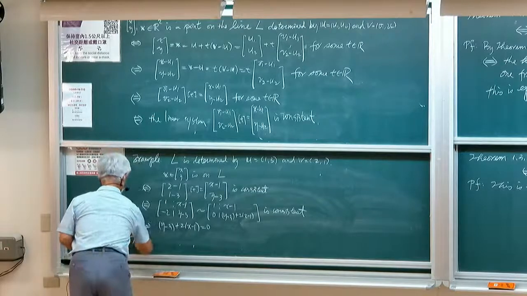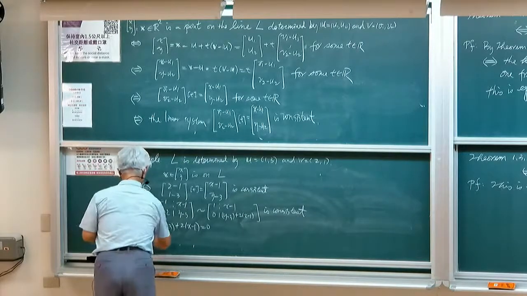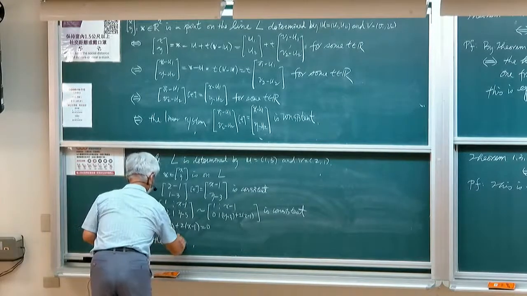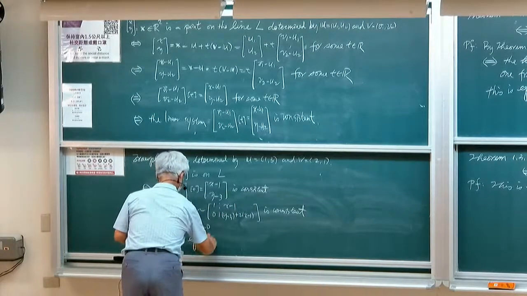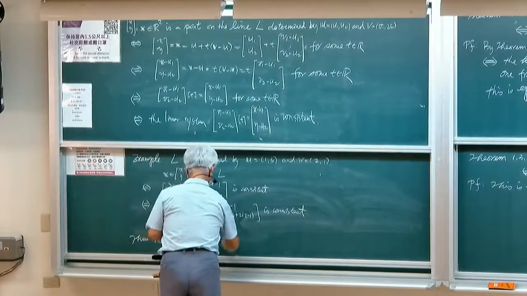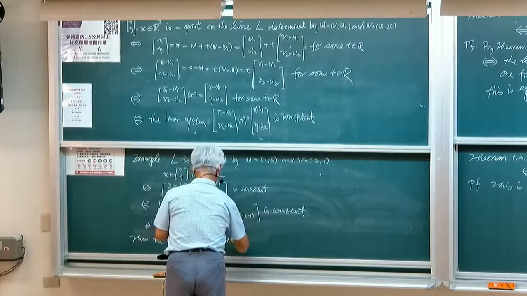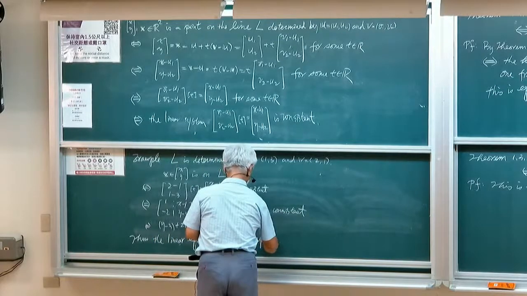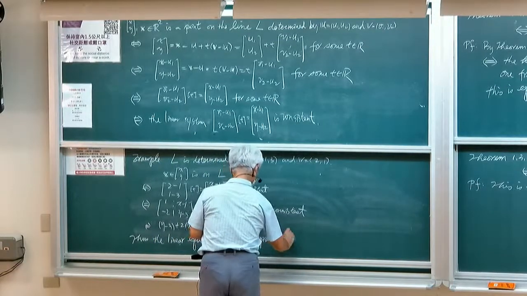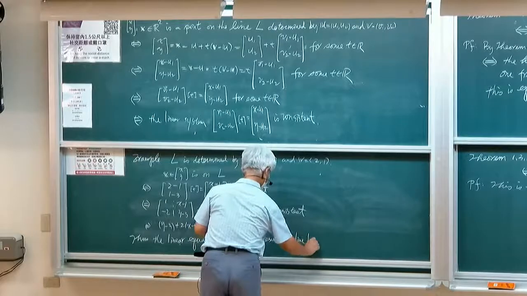Thus, the linear equation 2x plus y equal to 5 represents the line L.